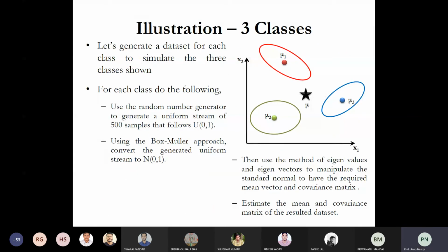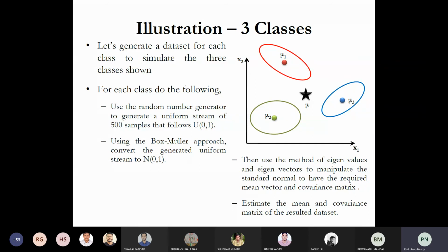Now let's generate a data set for each class to simulate three classes. Suppose you use a random number generator to generate a uniform stream of 500 samples. Then you use the eigenvalue and eigenvector method to transform the standard normal data to have the required mean vector and covariance matrix.